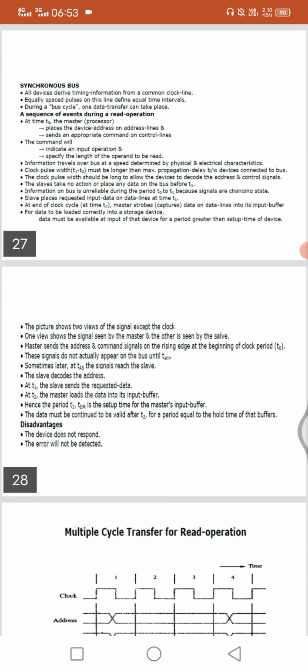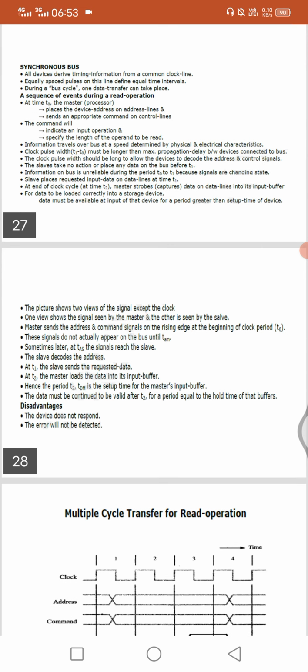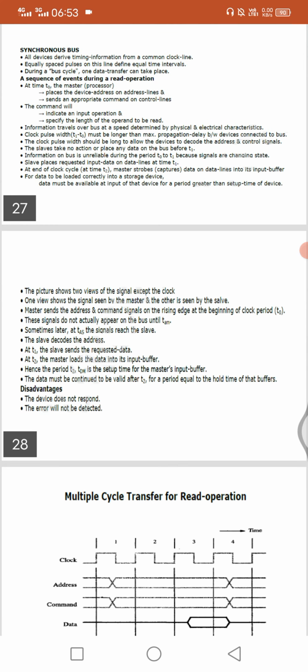So at t2 the master gets the information it required. For data to be loaded correctly in a storage device, data must be available at the input of that device for a period greater than the setup time of the device.